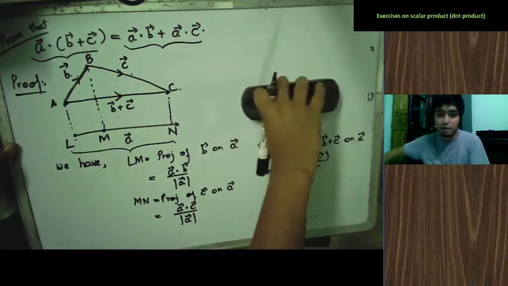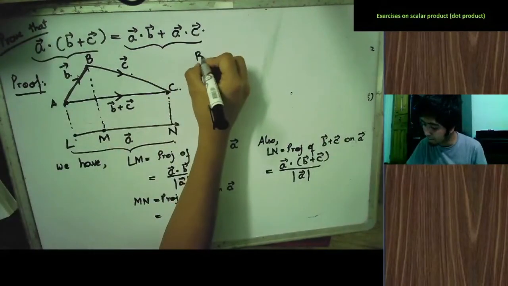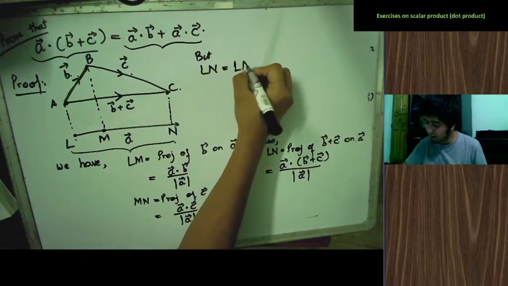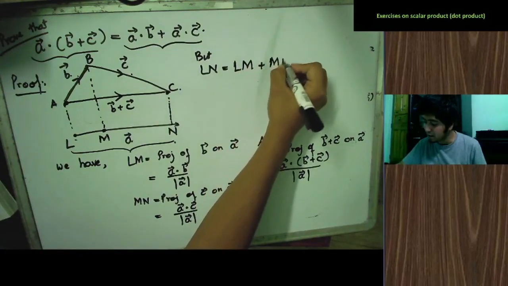So the proof continues: LN equals LM plus MN.